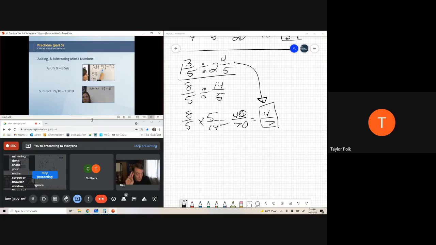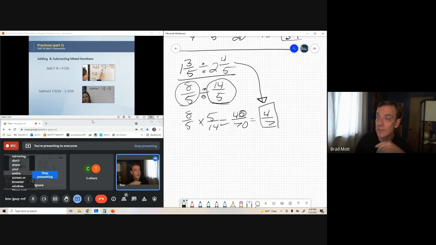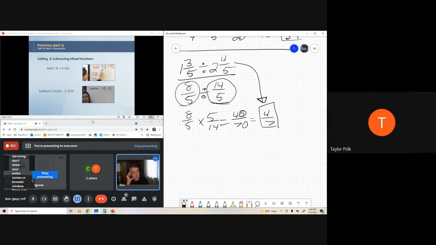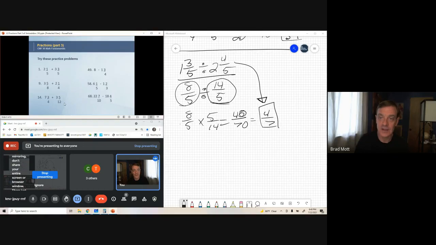Since that's the second one. You multiply times the inverse of the second term. Yep, exactly right. And you keep 8/5 right side up, and then you flip 14/5 into 5/14. If you flip them both, then you haven't changed anything. You're just multiplying. Does that make sense? Thanks for asking.